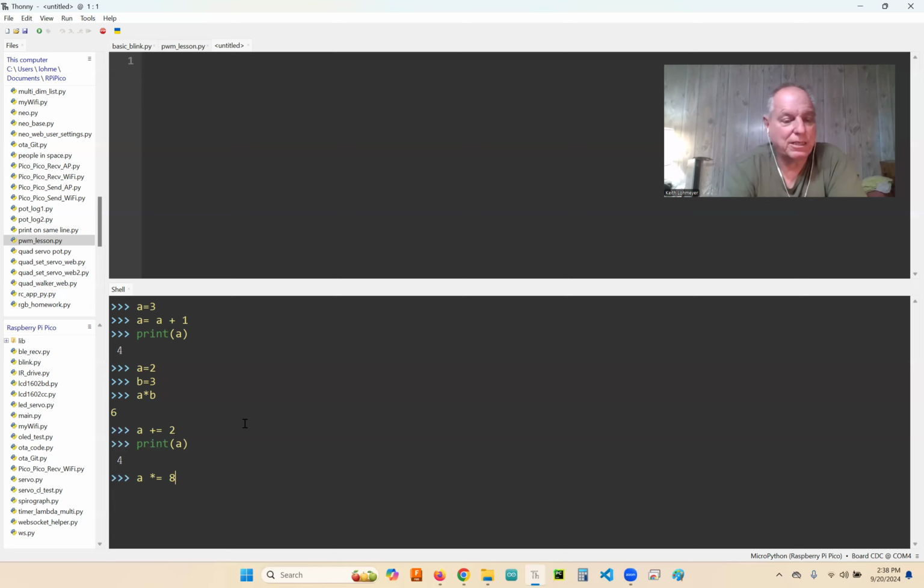So we can do that, and then print a again, and we see that it's 32. Anyhow, a lot of things are similar to basic math in school, but dealing with variables, you are assigning a number back to a variable. So there's ways of doing it a little bit different.